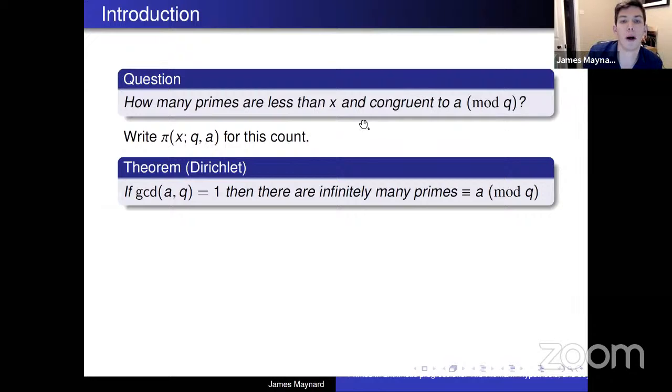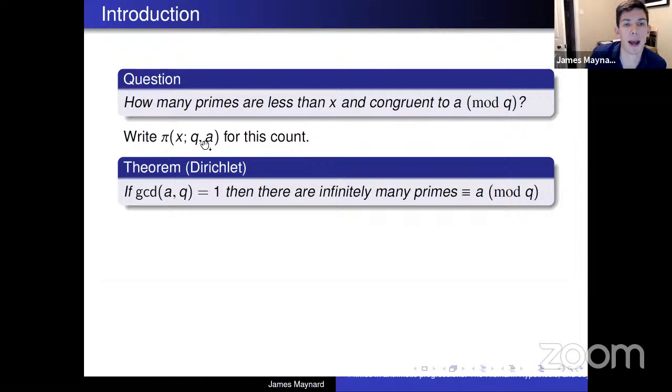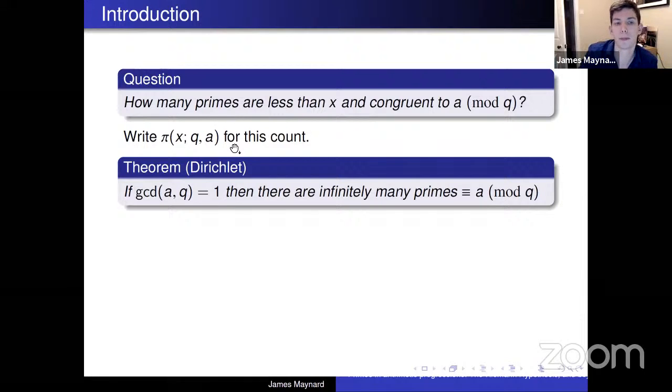So in terms of our original question, if x is large enough, then pi of x, q, a gradually grows and grows and grows, because there's infinitely many numbers in the residue class a modulo q.